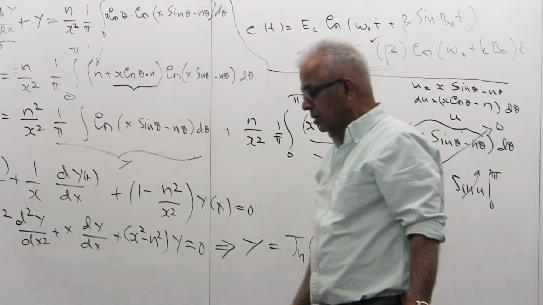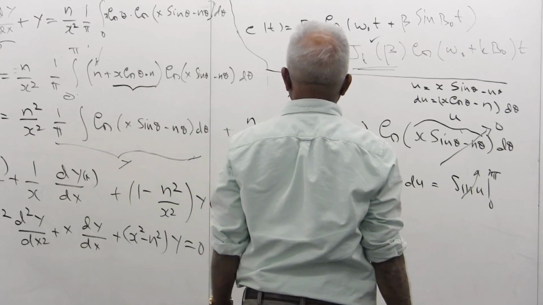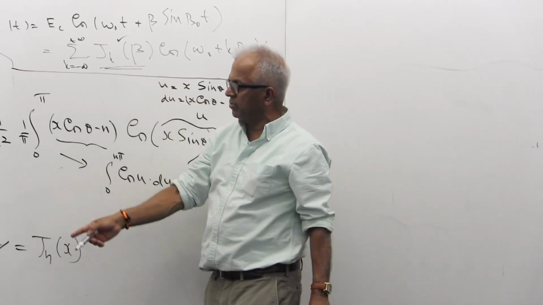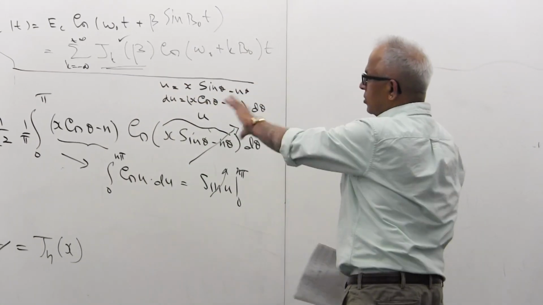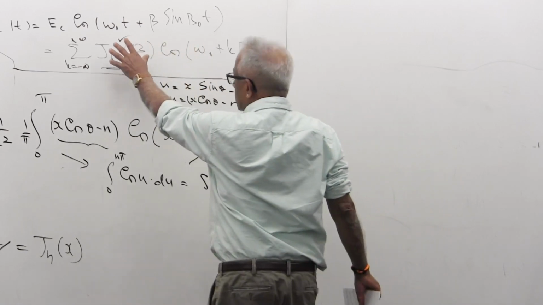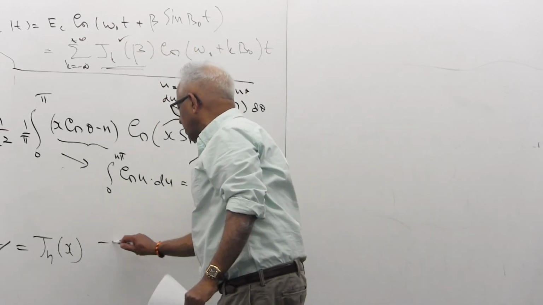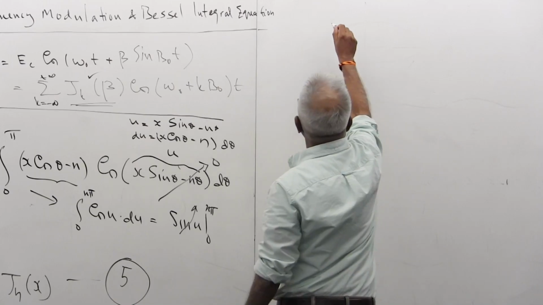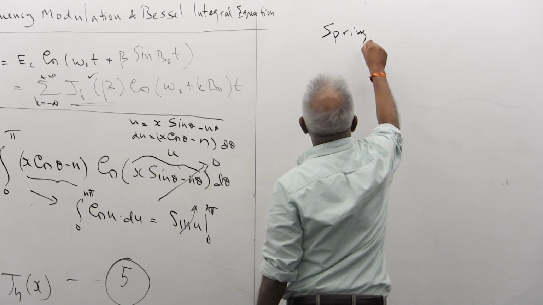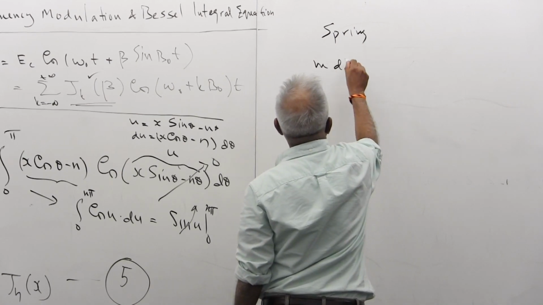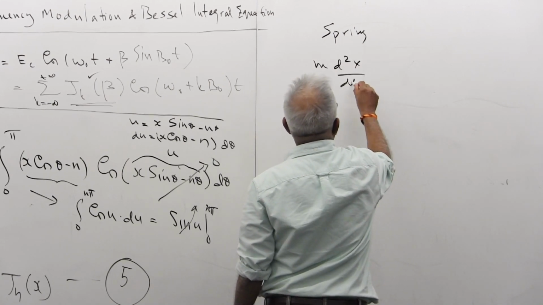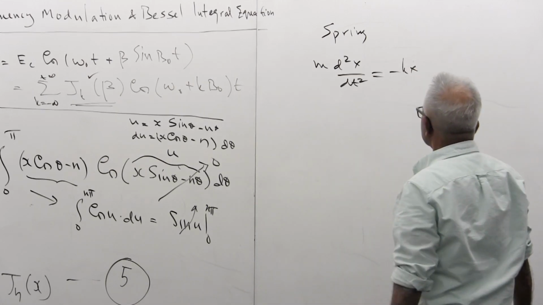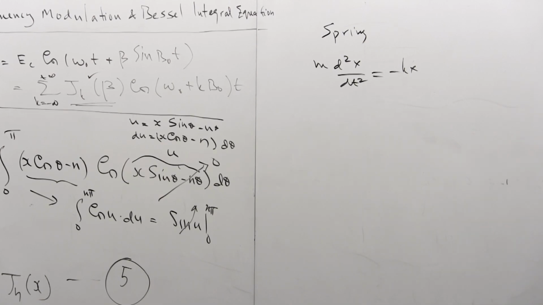So as an example, the key is here: in our place, of course, I replaced beta with x. So you can see the connection. This J_k(beta) also satisfies this differential equation, the second order Bessel differential equation. For example, if you take a spring, there the force is proportional to minus kx, how much you have stretched.